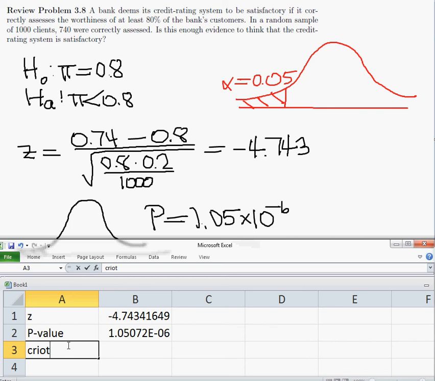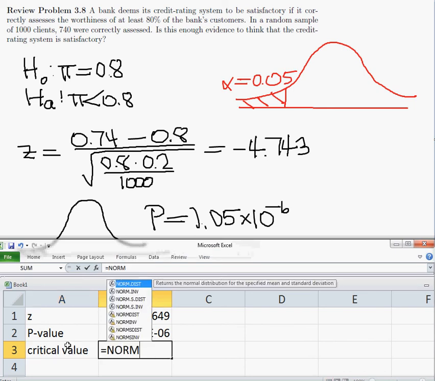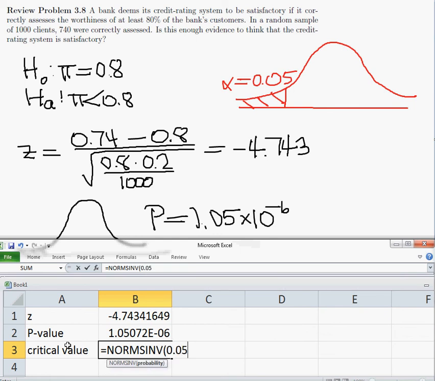So for this problem, the critical value is equal to NORM.S.INV of 0.05, so that 5% of the area lies to the left.